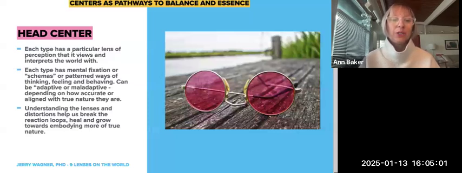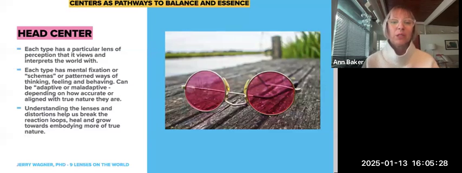So, my teacher, Jerry Wagner, wrote a book called Nine Lenses on the World. And he talked about how each type has a particular lens of perception that it views and interprets the world with. So each type through that lens has a particular mental fixation, or he used the word schema, a patterned way of thinking, feeling, and behaving.